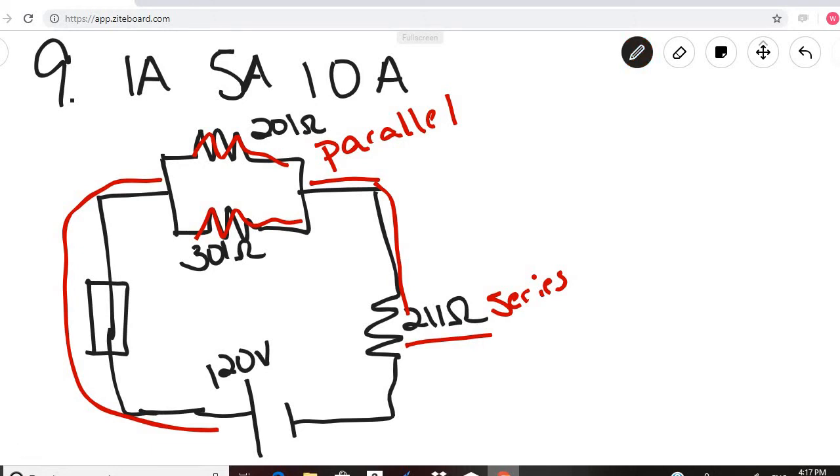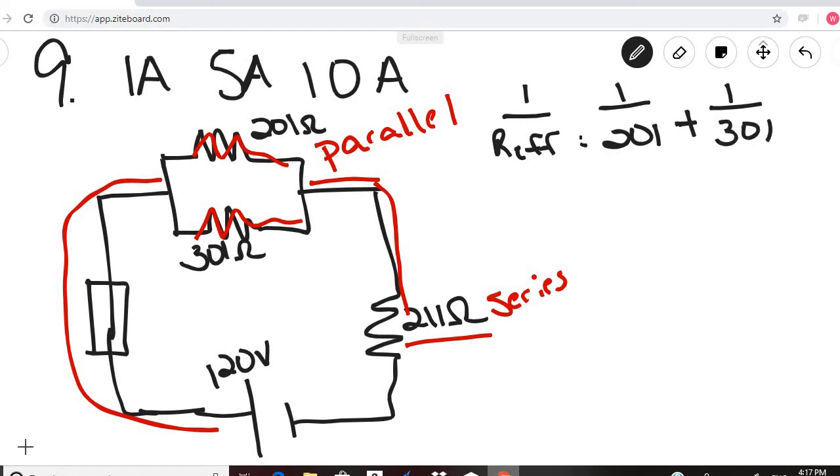So 1 over R effective is going to equal 1 over 201 plus 1 over 301. So that's going to be equal to, we need 3 significant figures, 0.00498 plus 0.00332. And these are ohms, dealing with resistance.